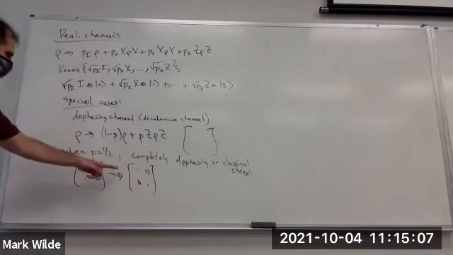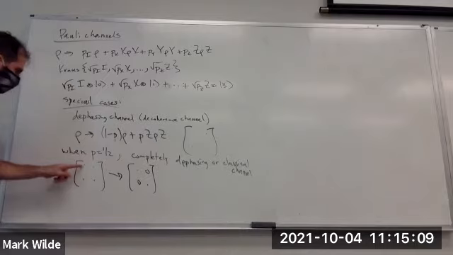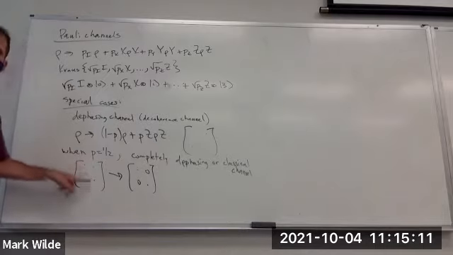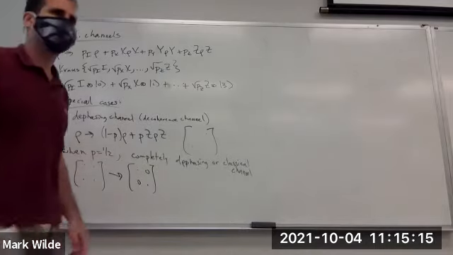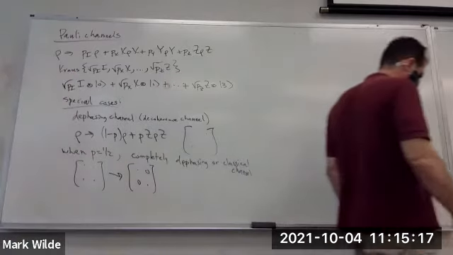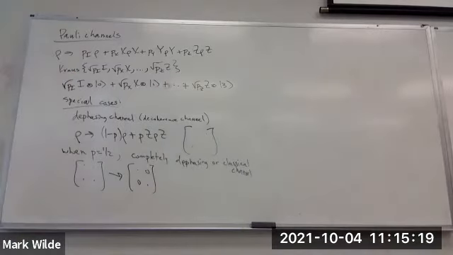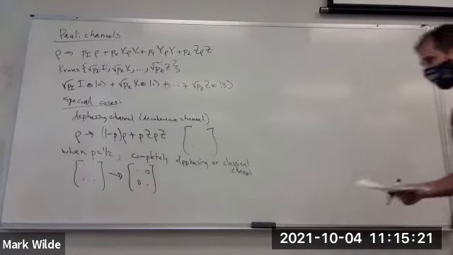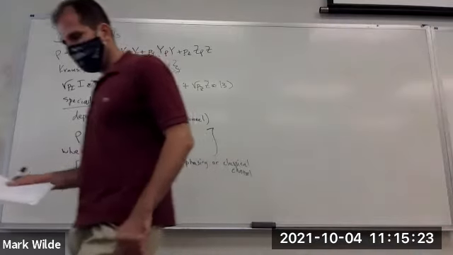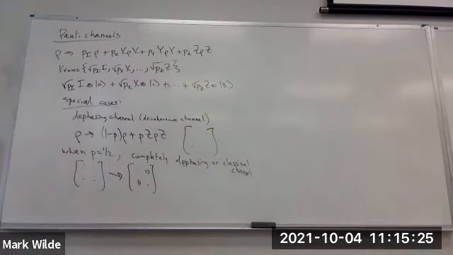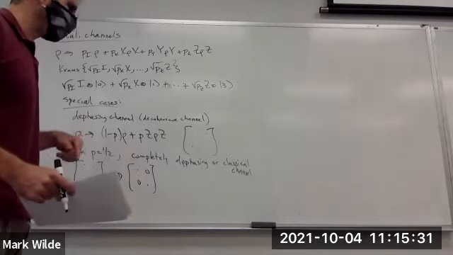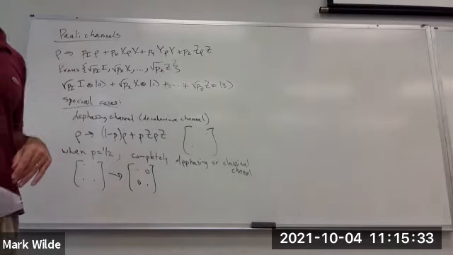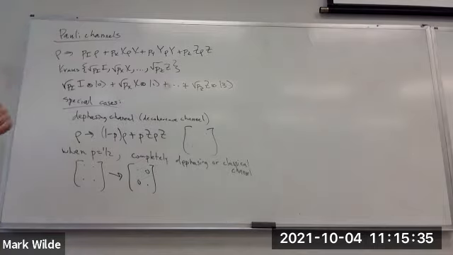And so it's called a classical channel because only these classical states on the diagonal can be transmitted. Quantum information cannot be sent through. Okay. And typically the capacities of this channel and the erasure channel are much easier to study and analyze.